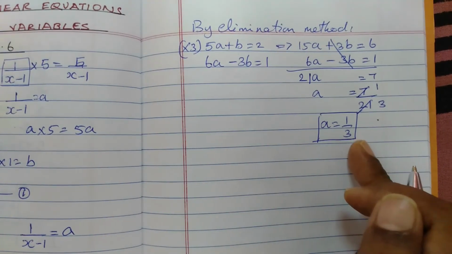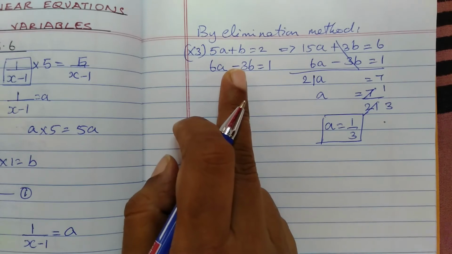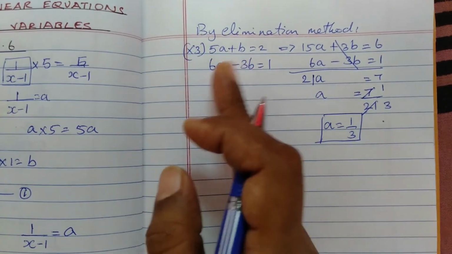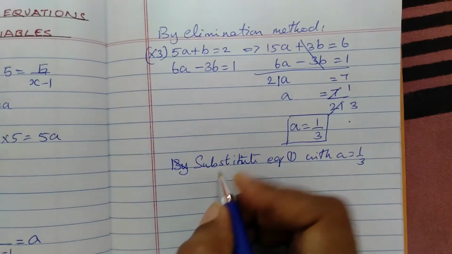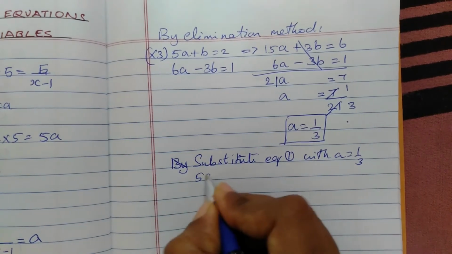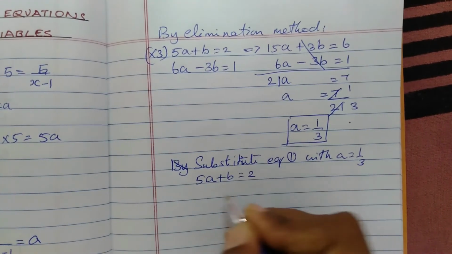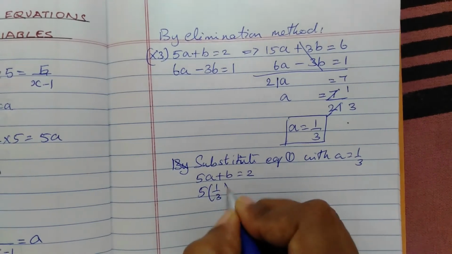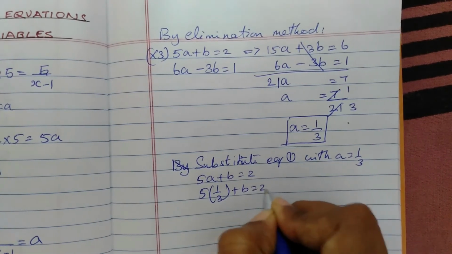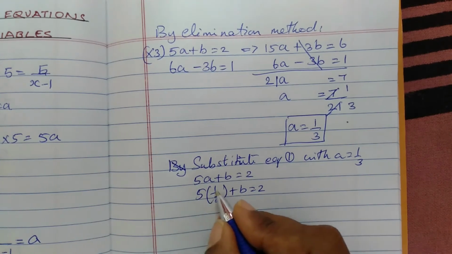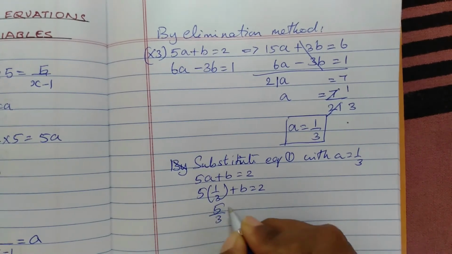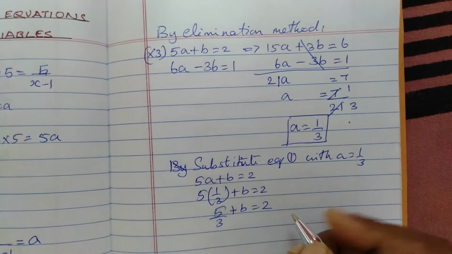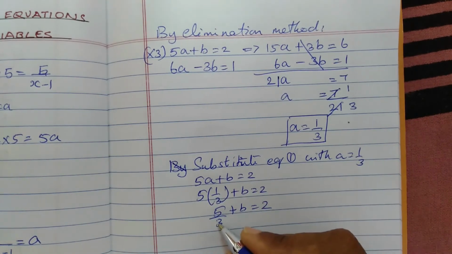Now we can use this value to find the value for the second variable. So let's use the first equation for that. Our equation is 5a plus b is equal to 2. So let's replace a here. So 5 into 1 by 3 plus b is equal to 2. Now 5 into 1 is 5 by 3 plus b is equal to 2. Now we have a denominator here.